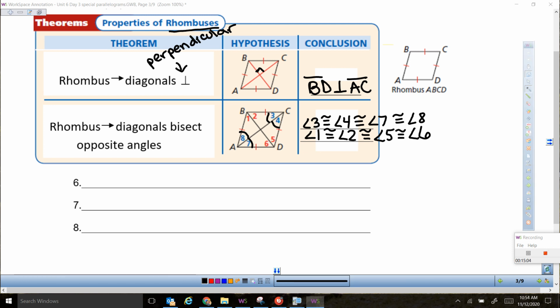Okay, right below this dialog box, we are going to write all three properties that are special for a rhombus. So a rhombus has four congruent sides. The square is also called a rhombus, because the square has four congruent sides. And the other two properties come from this text box right above it. The first one is that the diagonals are perpendicular.